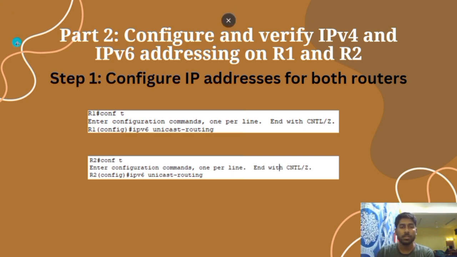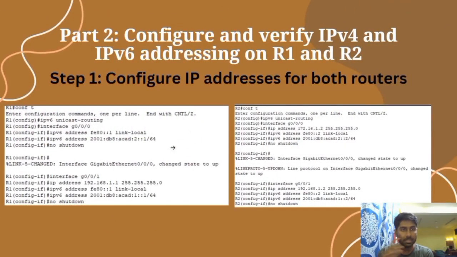So step 1, we need to configure IP addresses for both routers by enabling IPv6 unicast routing on the two routers, that is router 1 and router 2. Next, we need to input our IP address and then the IPv6 link-local address for both routers.